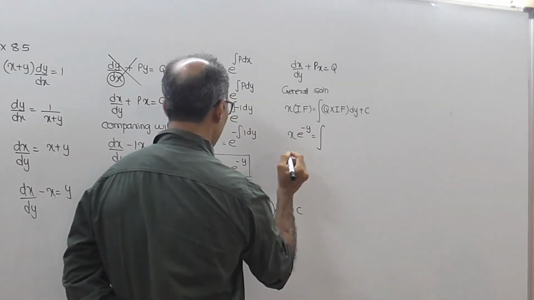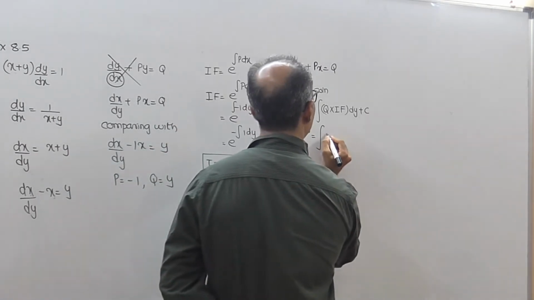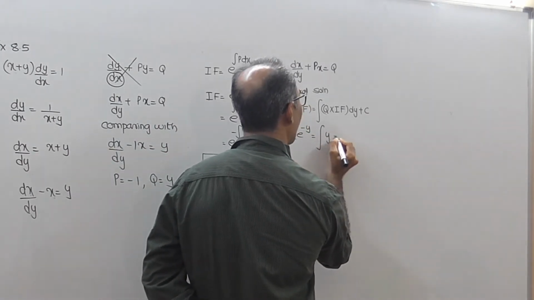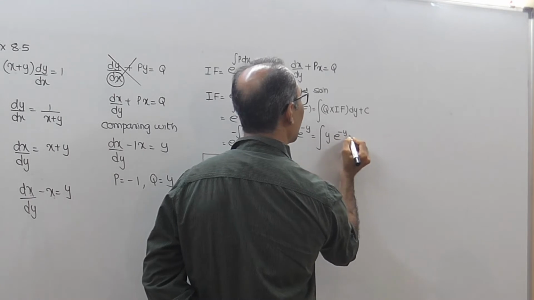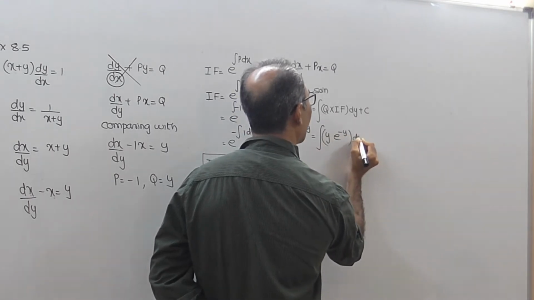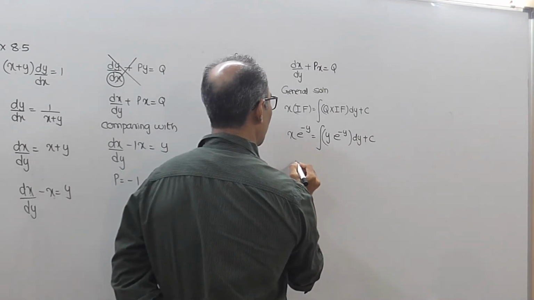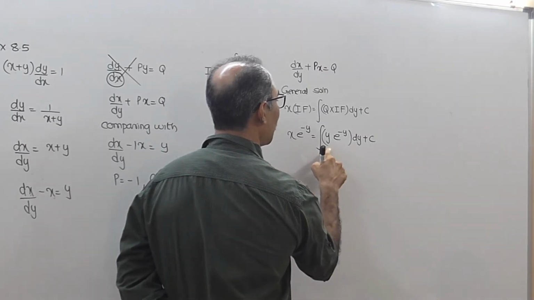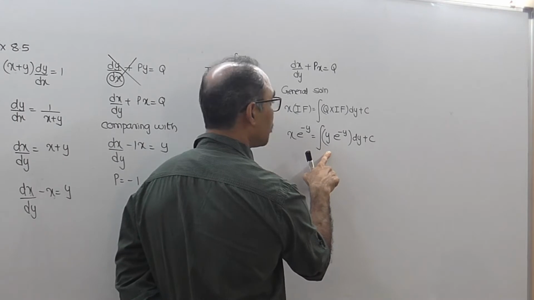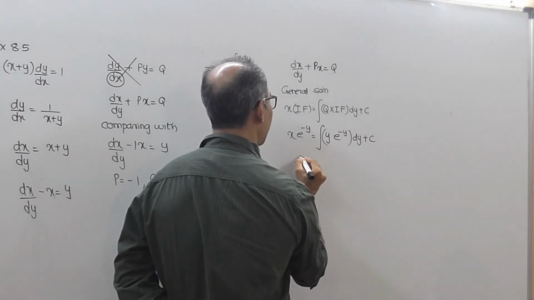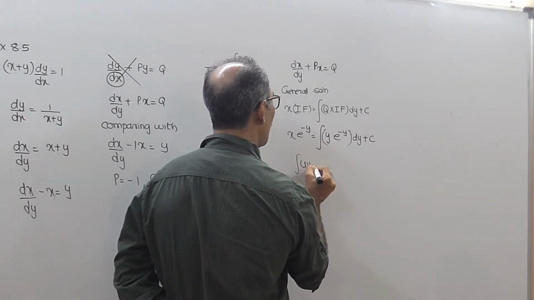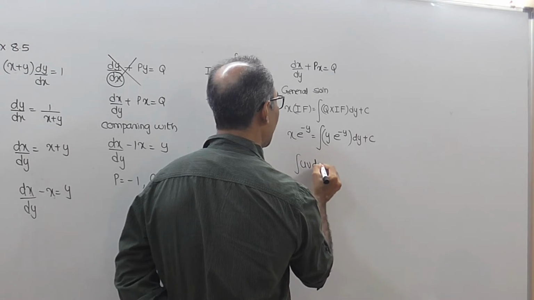What is q? Q is y. Integrating factor is e raised to minus y, followed by dy and plus c. So this is to be done by integration by parts. Integration by parts means it is integration of uv dx.